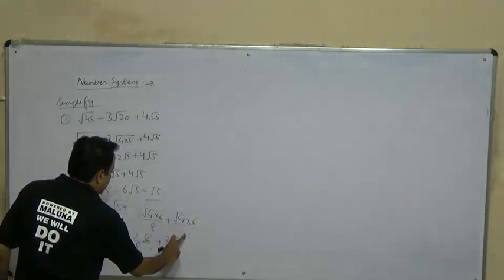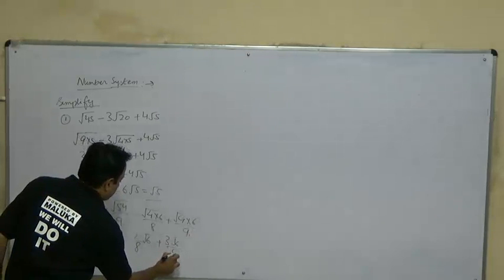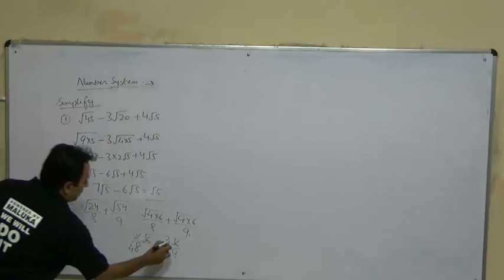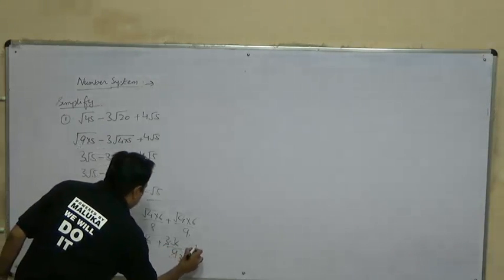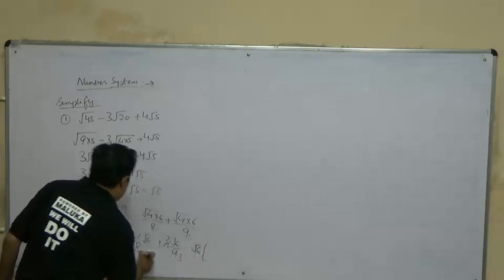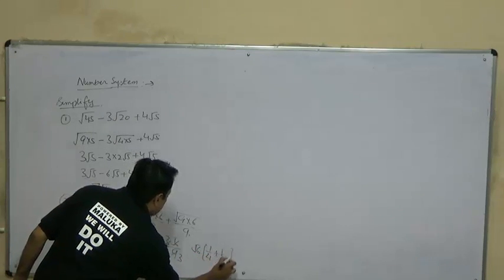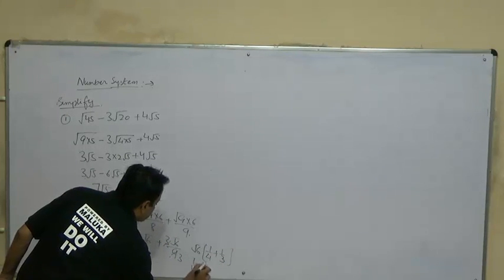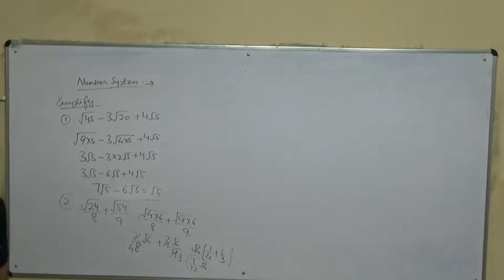So this is 9 here. So this we do the cutting, 1/4. This is 1/3. So this will be √6 we can take common and we are left with 1/4 plus 1/3. So this is 7/12 √6. So this is the simplification of this question.